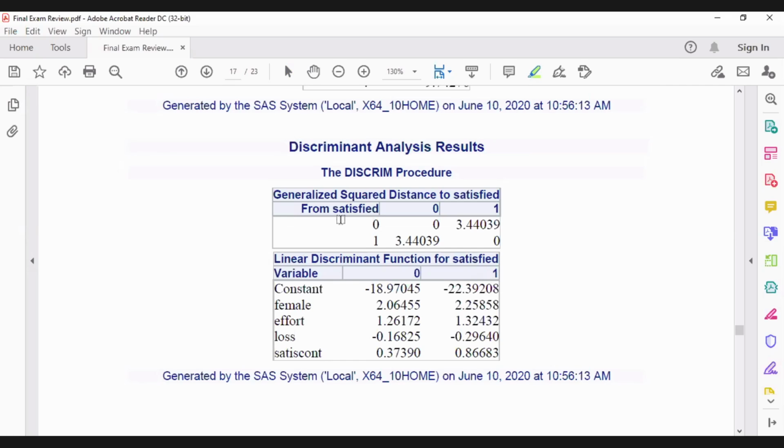So when I give you this output, you need to be able to write down the two equations, because linear discriminant analysis is based on two different regressions. One regression for y equal to 0, and another one for y equal to 1. So this is the equation for y equal to 0, and the equation for y equal to 1. We get the constants, beta 1, beta 2, beta 3, and beta 4.